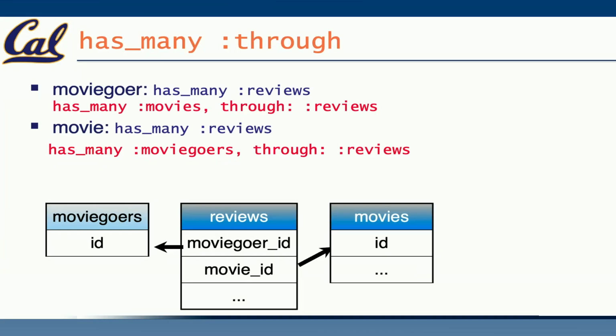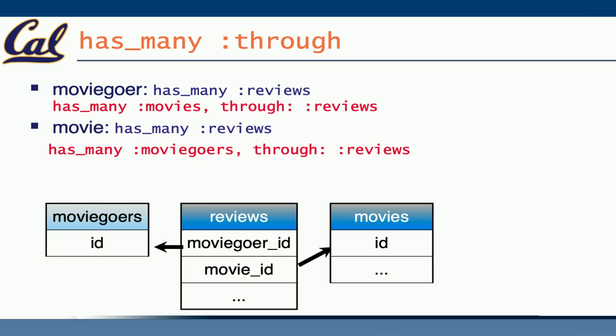So in this case, with a many-to-many relationship, the modeling in Rails is actually quite nice. Movies and moviegoers have many of each other through the same reviews table, because that same table has both foreign key columns. So this is a common pattern. If you work on applications, perhaps students enrolling in courses, you usually have a course enrollments table that links multiple courses to multiple students, so that you as a student can be enrolled in many courses, and a course can, of course, have many students.